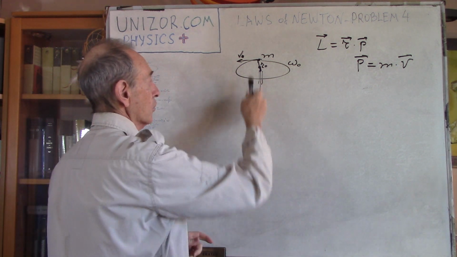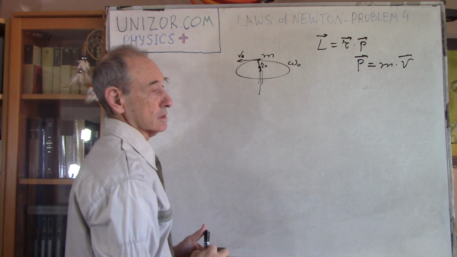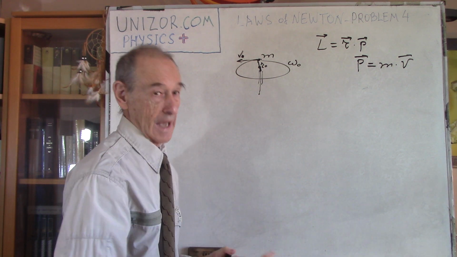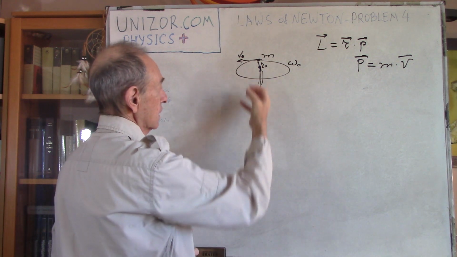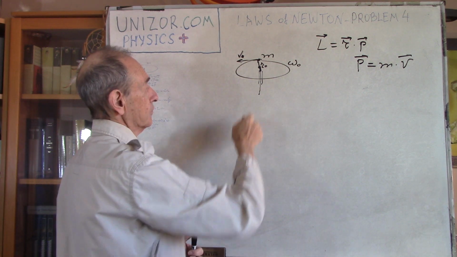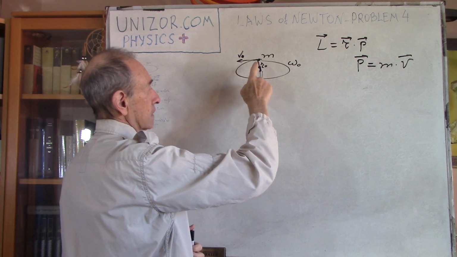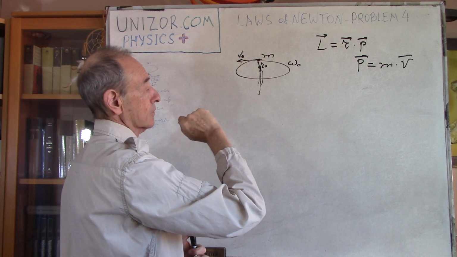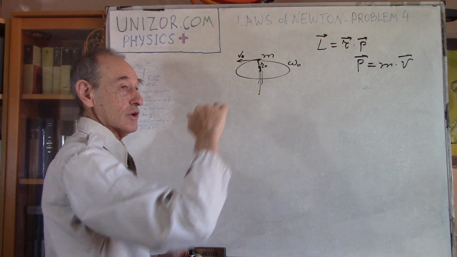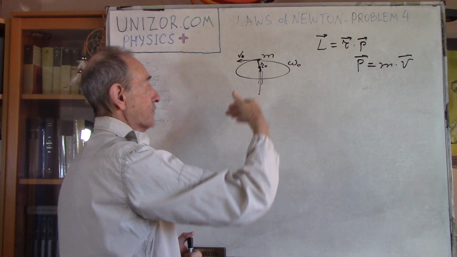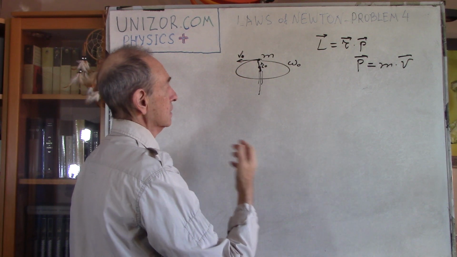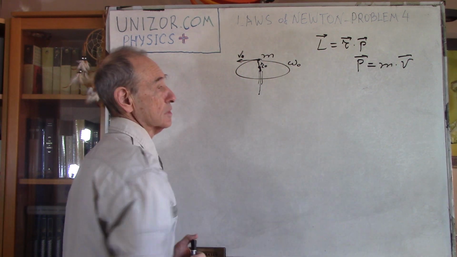No matter what I do with this thread, if I'm pulling it down with a force, actually doing some work, it brings the mass closer. If I'm letting it go a little bit, then the mass will start rotating on a higher orbit, on a further radius from the center. So it all depends, but in any case, this is supposed to be preserved.